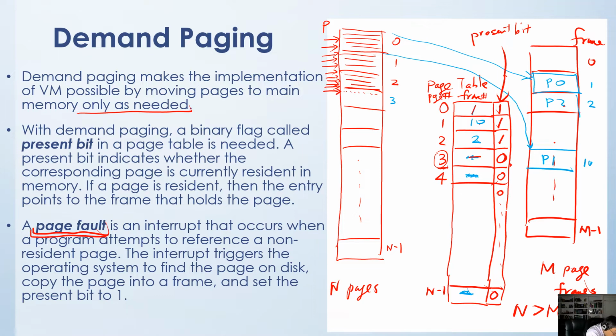Okay, so page fault is an interrupt that occurs when a program attempts to reference a non-resident page. So in this case, page 3 is a non-resident page. So the interrupt triggers the operating system to find a page. The operating system is going to say, okay, page 3 is a legitimate page, but it's not loaded yet.